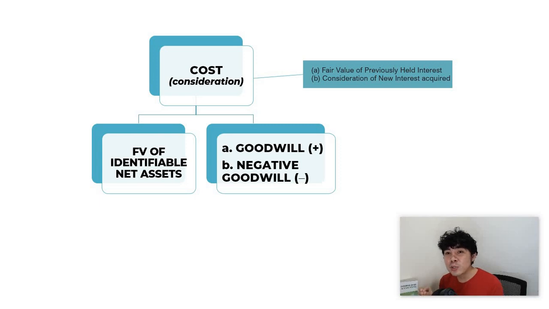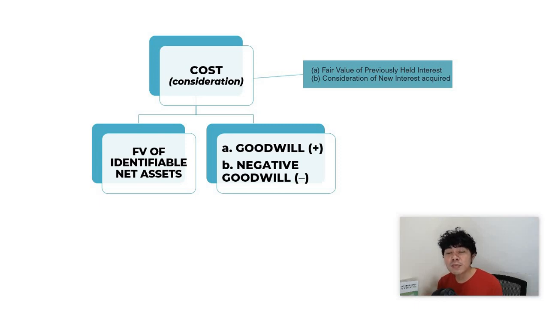So, anong specific date should we determine the fair value of the identifiable net assets? So, yan ay dapat ma-identify on the date you obtained significant influence, which in our problem, we obtained significant influence on April 1, 2020.